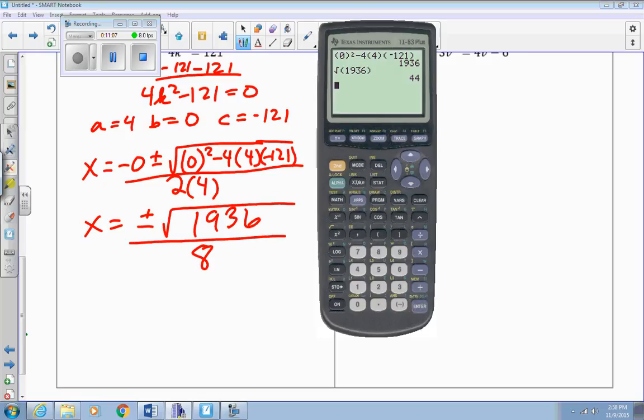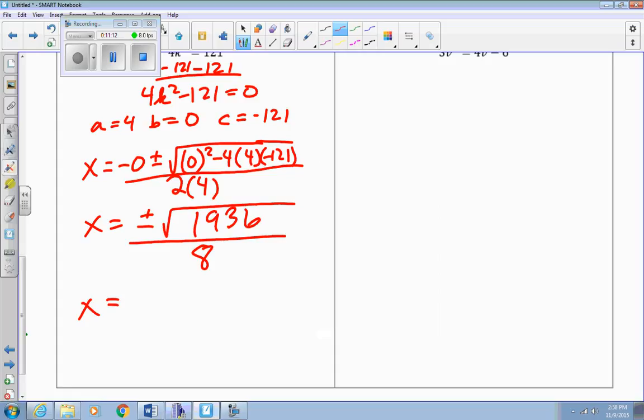So it is 44. So you have x equals positive negative 44 over 8. We can actually simplify this, break this up into two problems. We have positive 44 divided by 8, which, simplifying, you get 22 over 4 if you divide by 2. Divide that by 2, divide that by 2.